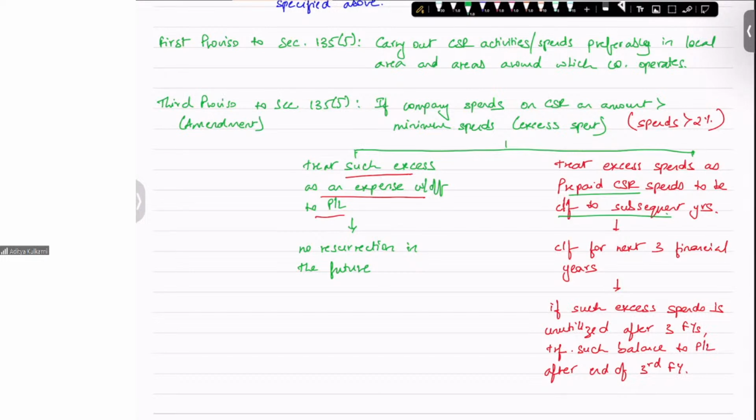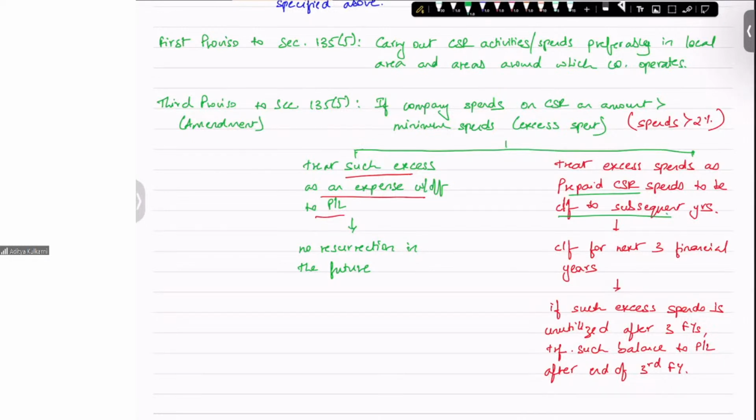Later on, suppose in the second year you spend more than 2%, you can change that. But the first year spends, you cannot in the future say that I paid extra so much, so now I want to set off that. वो नहीं चलेगा. The moment you say you will treat it as an expense, then there won't be any resurrection in the future. Resurrection means I cannot say that I had spent more, so now I want to utilize it. वो आप नहीं कर सकते. That you cannot do under any circumstances.